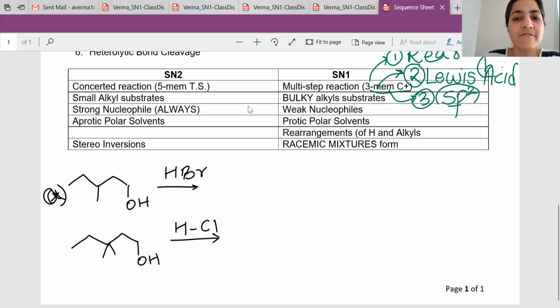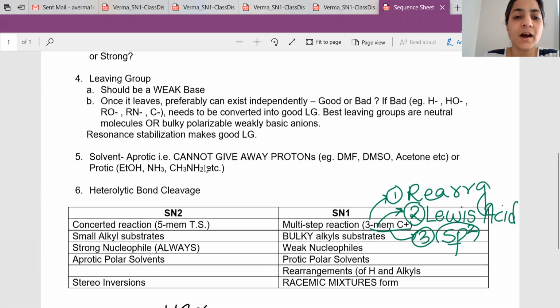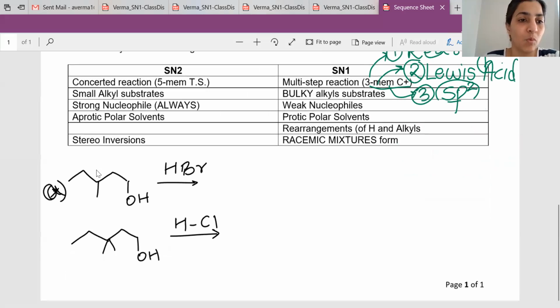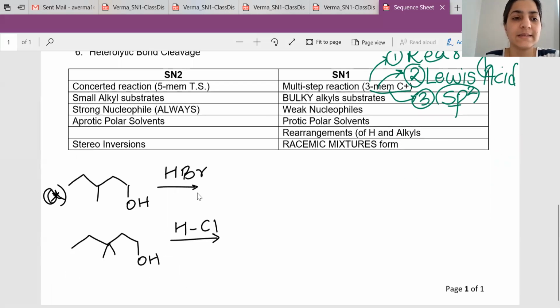You have an average nucleophilic structure. But what you do have is a protic solvent. A protic solvent is the one which can give away protons. For example, ethanol, ammonia, or any kind of amines, or any kind of alcohols. They are your protic solvents, water, HBr, etc.